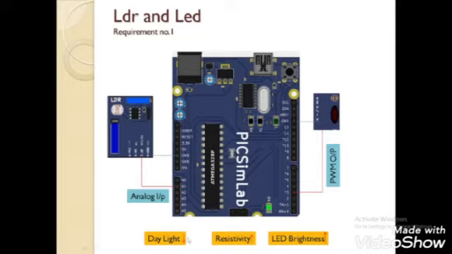As per the requirement, as daylight decreases, resistivity increases and LED brightness increases simultaneously. So at night time, when the resistivity is at its peak, the LED brightness will also be at its peak. I'll be showing you the simulation at the end of this presentation, and then we will get a clear idea of this requirement.